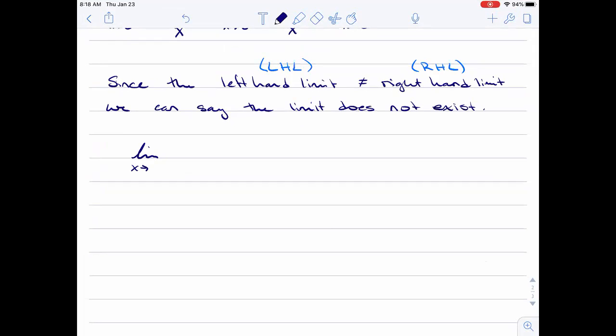So I'm just going to make something up. Something big. So the limit of the absolute value of x squared minus 4x plus c, as long as it's over x squared minus 4x plus c or something that's the same, we can use the same argument.